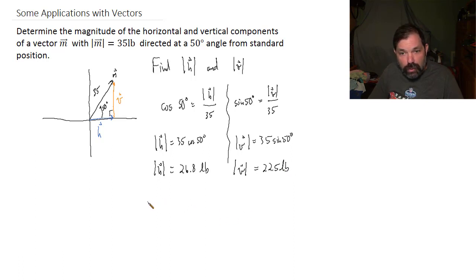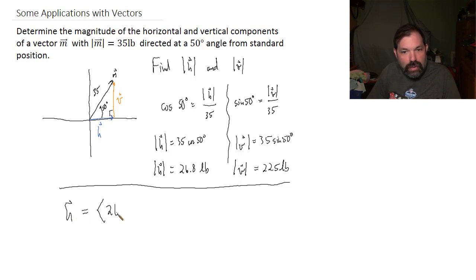And if we think about this in another sense, remembering that the h vector is horizontal and the v vector is vertical, another way to think about this is that the h vector can be written as the standard vector ⟨26.8, 0⟩. Oh, and that should be an angled bracket. And the v vector is then ⟨0, 22.5⟩.